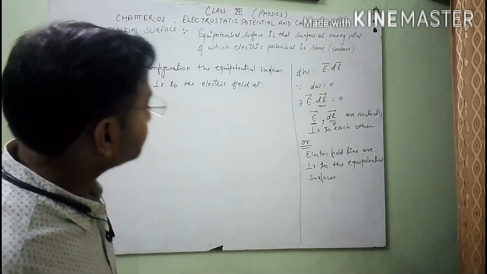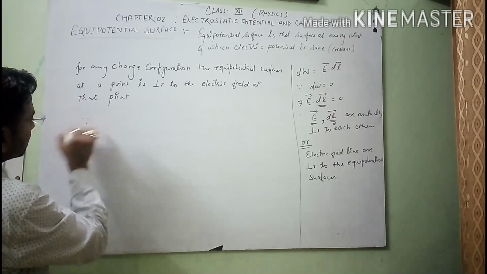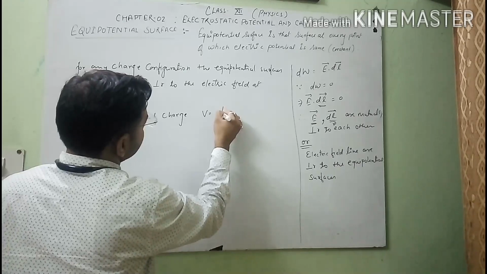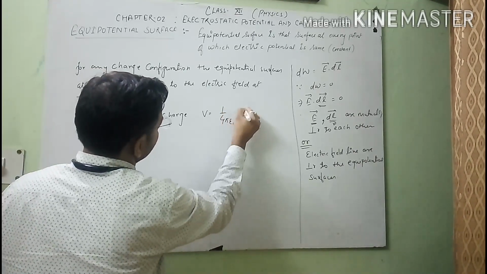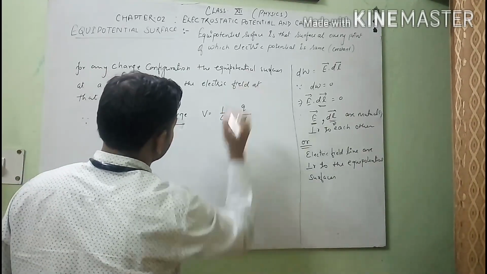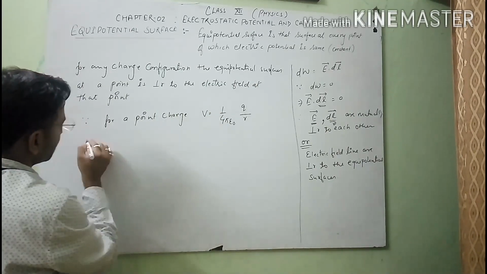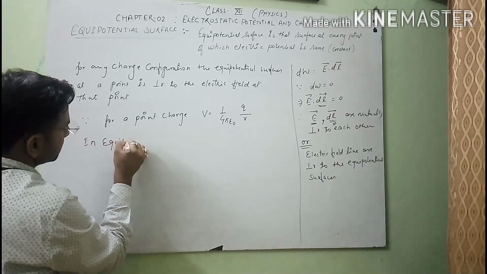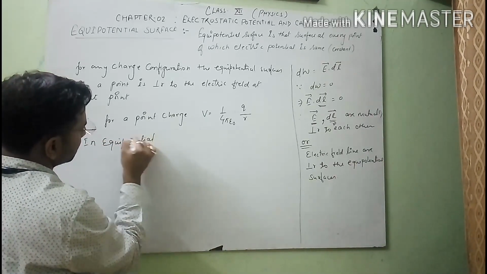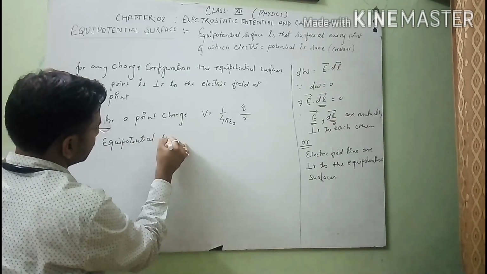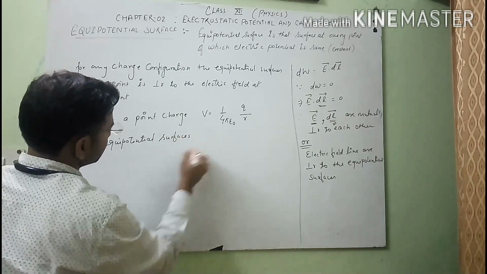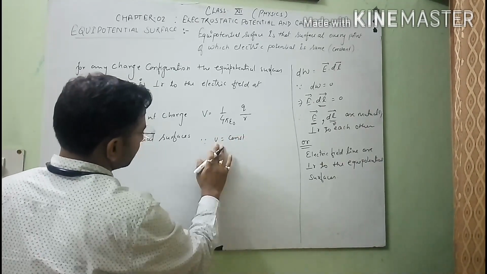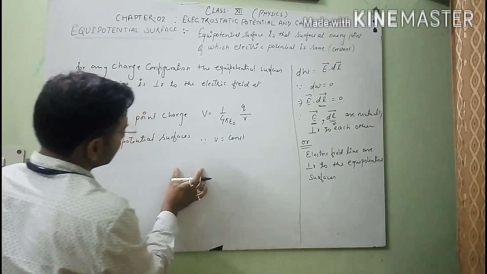Okay. One important point here: for a point charge, electric potential V equals 1 over 4 pi epsilon naught times q over r. In an equipotential surface, we know that V equals constant.